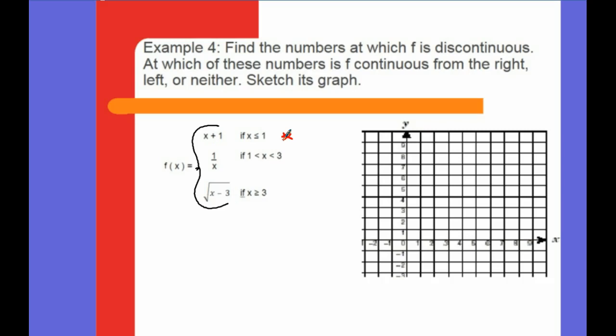So plug in 1. 1 plus 1 is 2. So at x equals 1, the y value is 2. It is a closed circle because we are equal to. The slope of the line is positive. The y-intercept is 1. So it's kind of going down, it looks like, and forever.